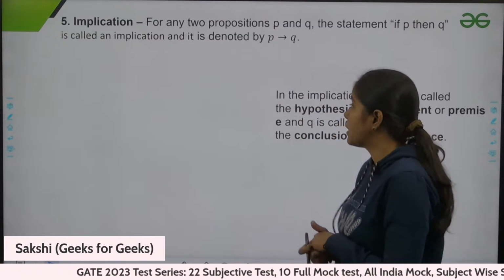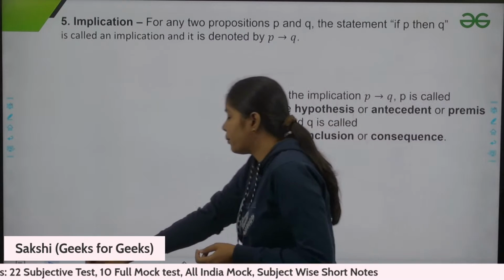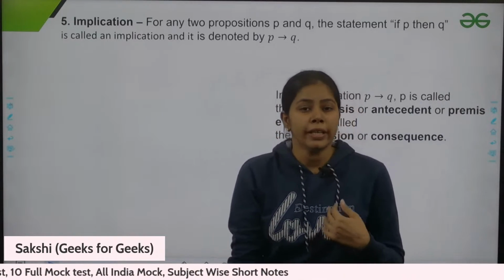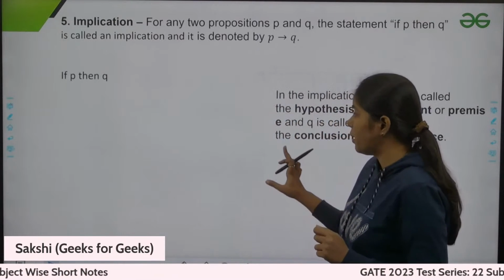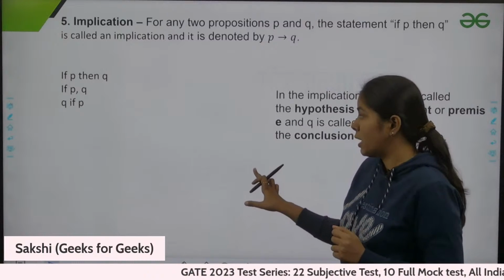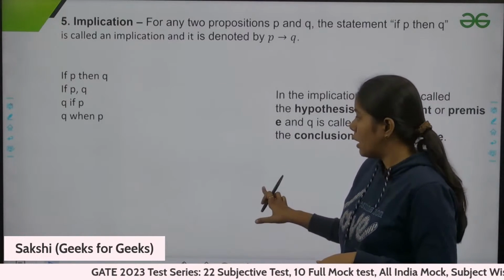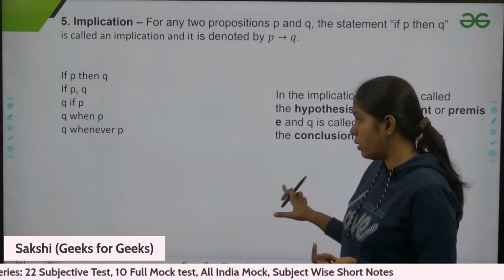Okay, so now the next thing is if P then Q, it's called an implication, right? The most important thing is how you read if P then Q. That is important, because in English statements we can write if P then Q as if P comma Q, Q if P, Q when P, Q whenever P, P only if Q, right?